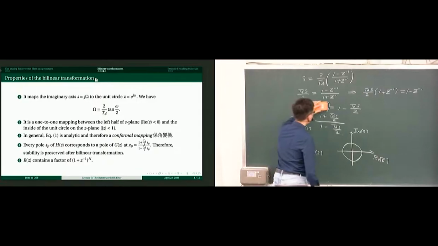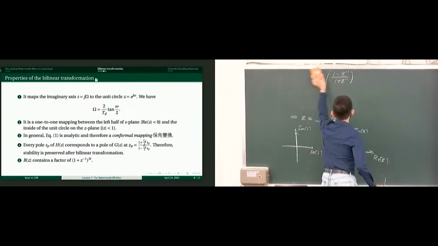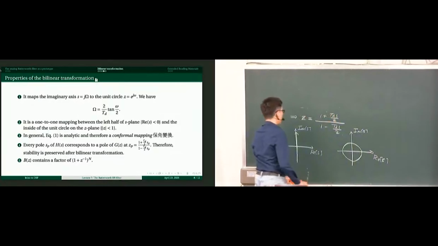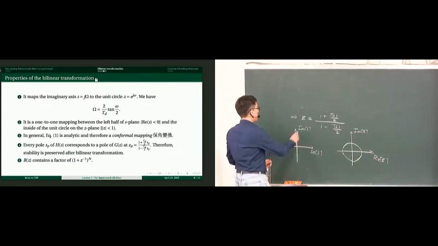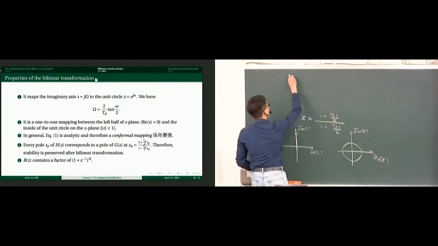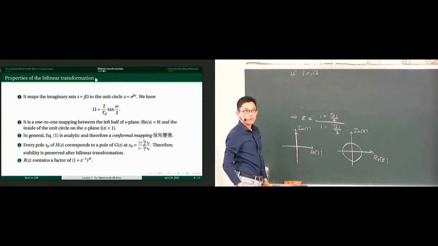I think it might be easier this direction, so let's keep this. Let's say from here, that's Z as a function of S. If S is j omega, where is this mapped to in the Z plane?